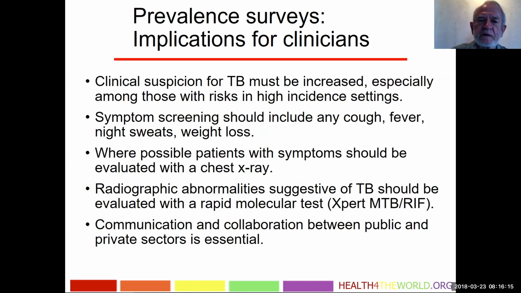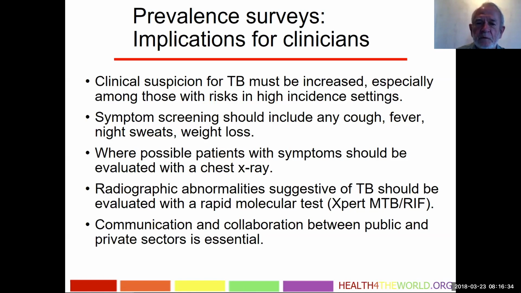And symptom screening should be broadened to include not just cough for 2 weeks or more, but cough of any duration, fever, night sweats, weight loss. All of these should be grouped as a symptom screen for tuberculosis.